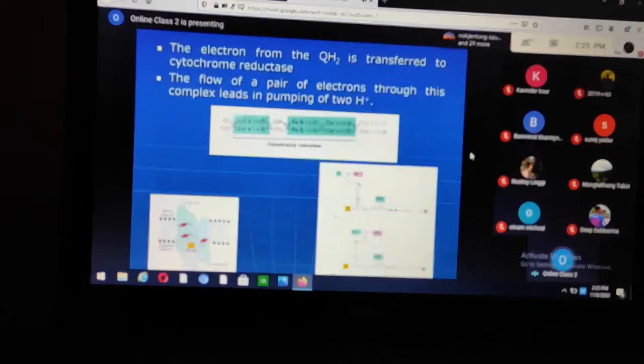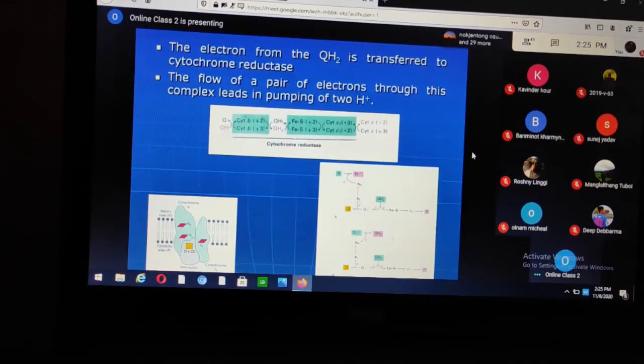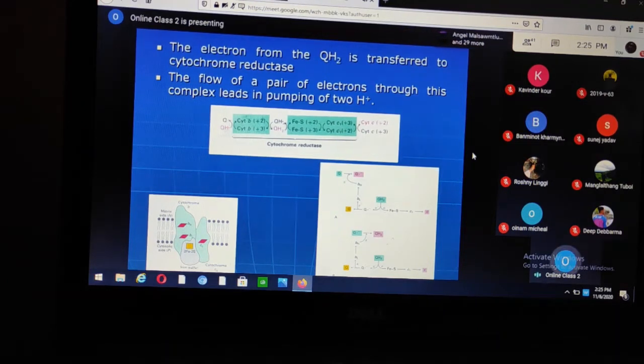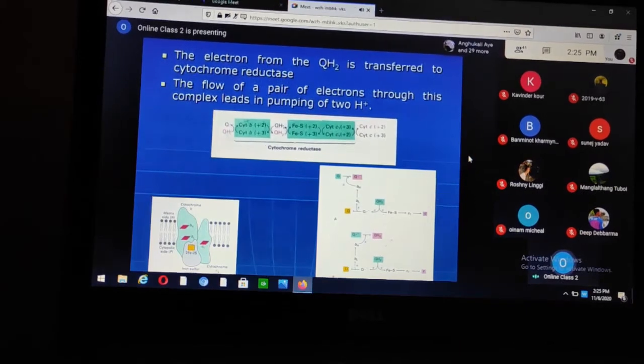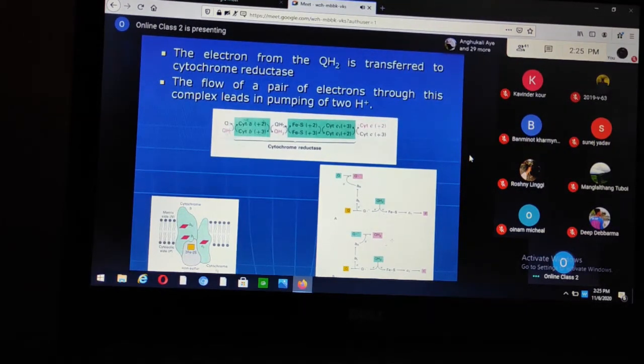Now this is the reaction mechanism that is occurring, how the electrons are transferred from coenzyme Q to the cytochrome reductase. It starts from here. Can you see this? I think you can see my cursor. So you have the QH2 in the red color here.